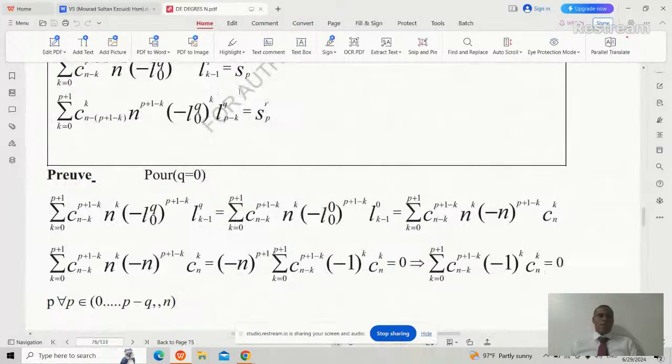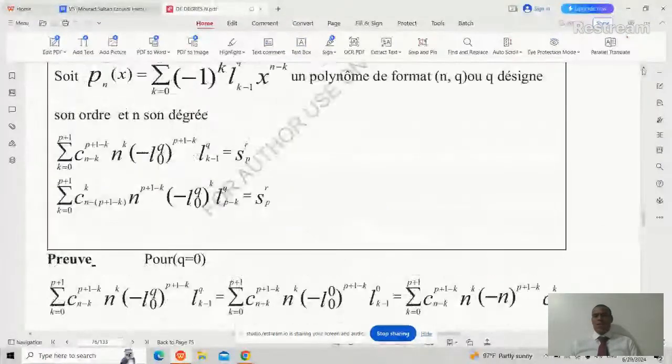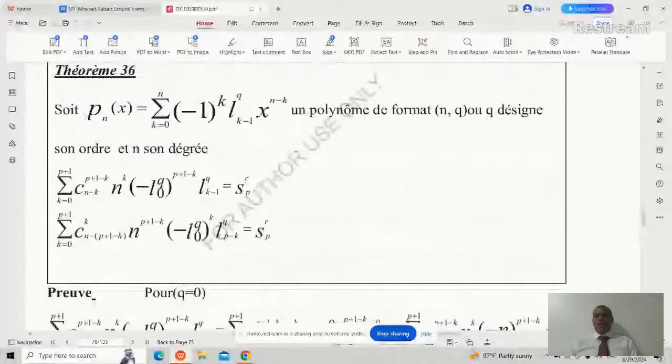Okay, this is the formula, the discriminant formula of Mourad Sultan Ezouidi. I'll just write the theorem, read the theorem. Let Pn of x be a polynomial to the power n, where q denotes its order and an denotes its degree.